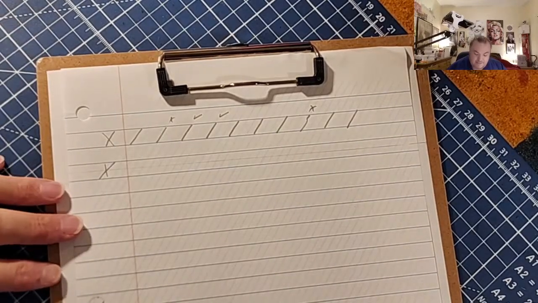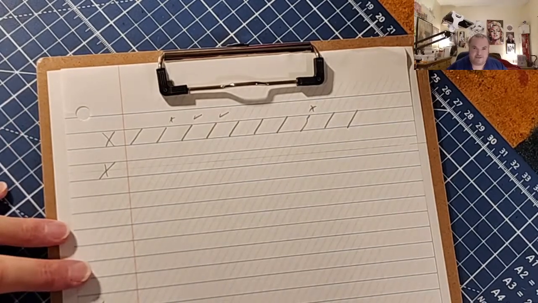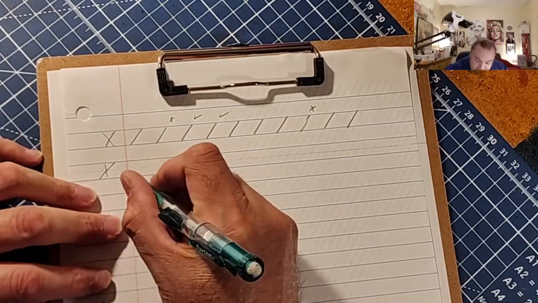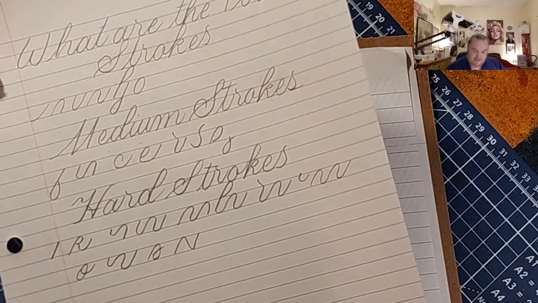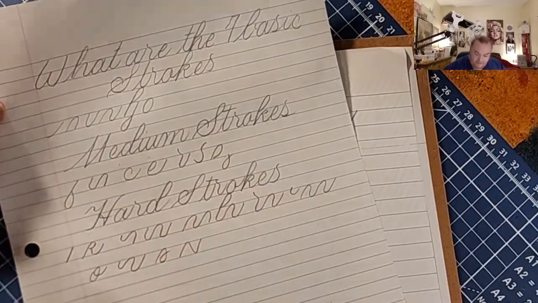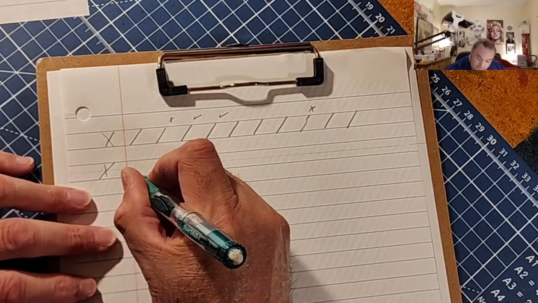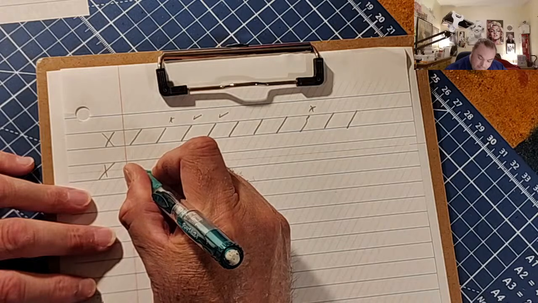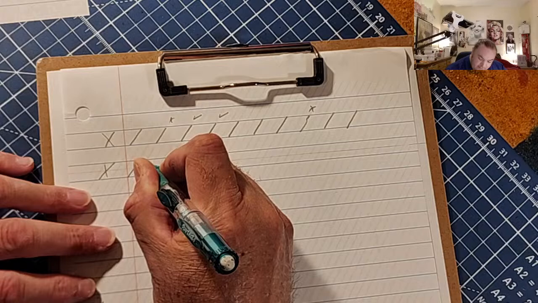The K is probably one of the most difficult letters to do, because you have to make kind of the opposite of an E. Instead of starting in the middle and coming up and over, we're going to start at the baseline, and we're going to come up to the X height, and we're going to curve in.